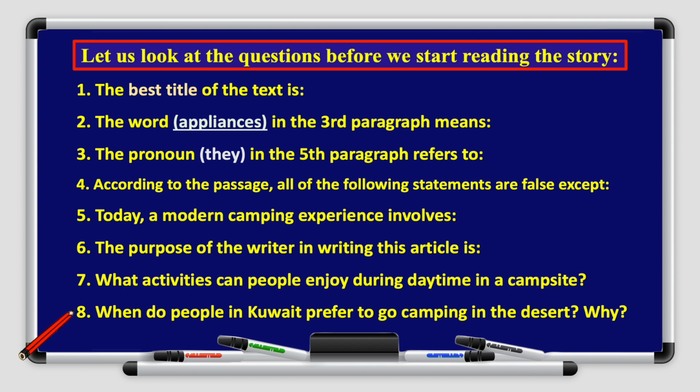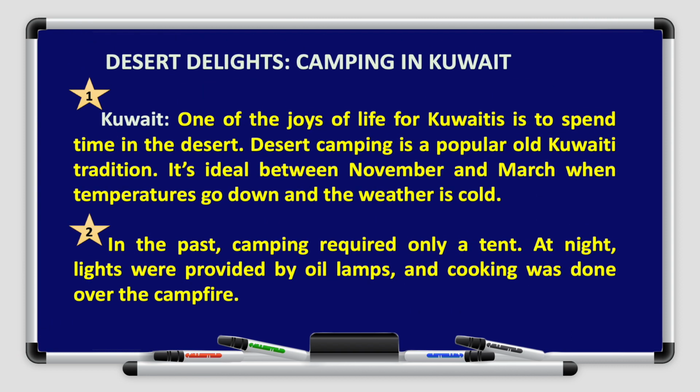When and why? Okay, beginning now by reading the title of the passage, Desert Delights: Camping in Kuwait. Paragraph 1. Kuwait. One of the joys of life for Kuwaitis is to spend time in the desert. Desert camping is a popular old Kuwaiti tradition.